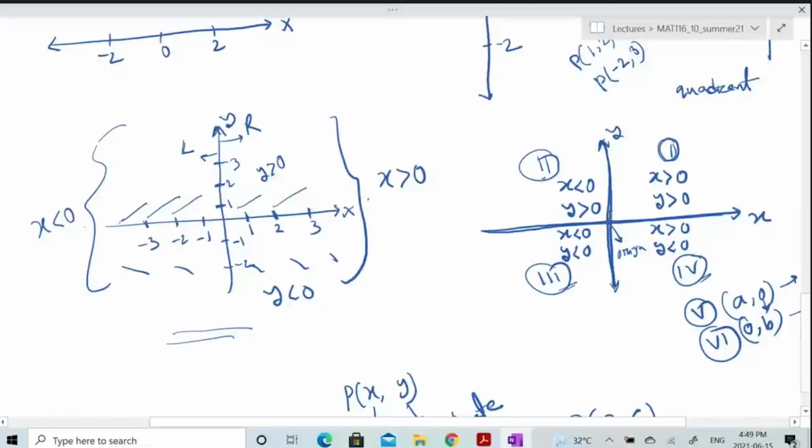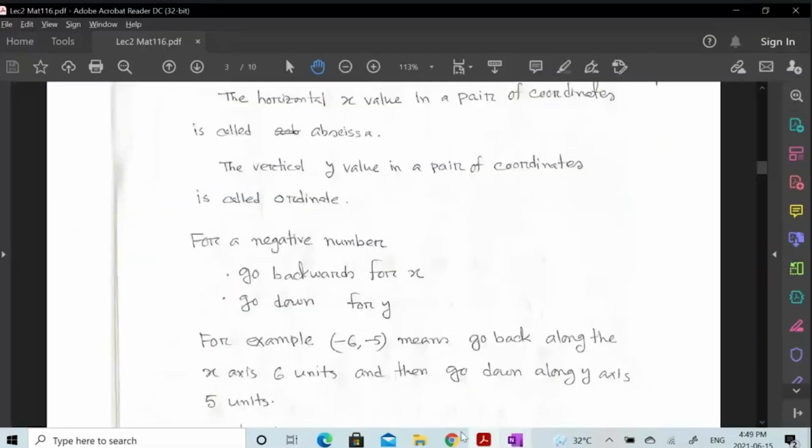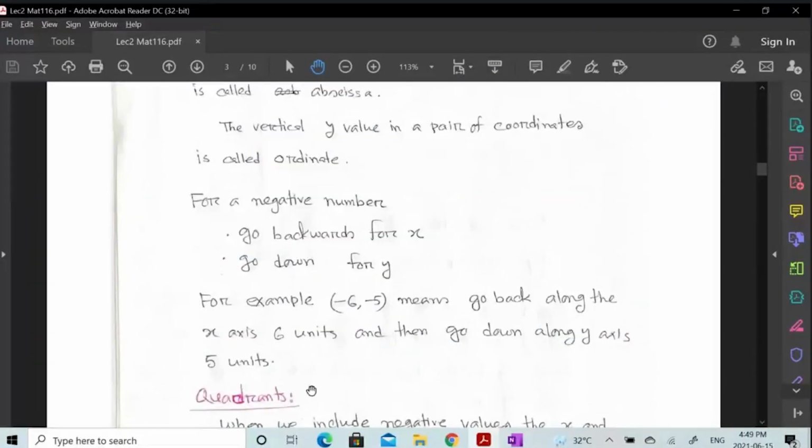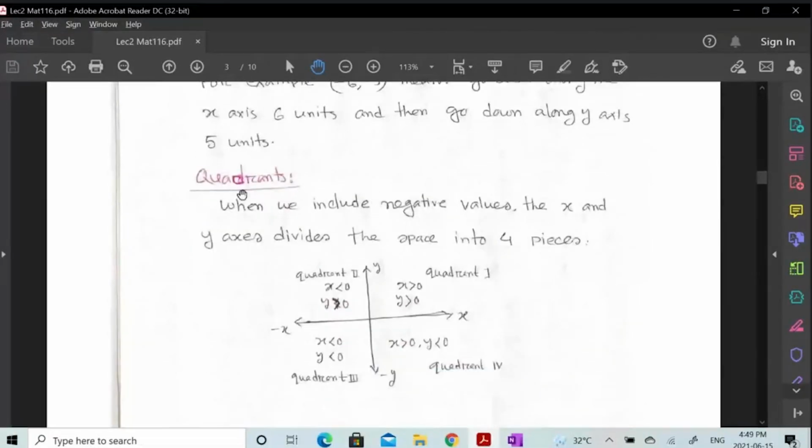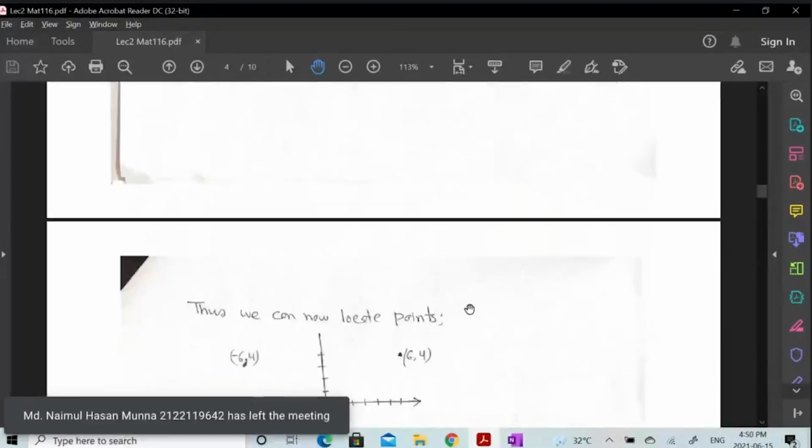That tells you that you go 6 units backward along the x-axis and then go down by 5 units. That's what is written here. This means go back along the x-axis by 6 units and then go down along the y-axis by 5 units. That's it. Quadrants, we have already seen it.